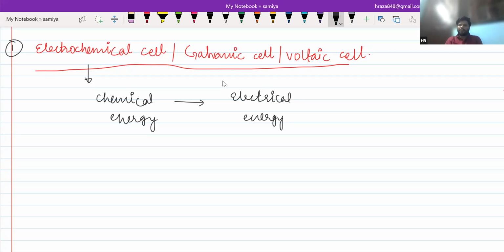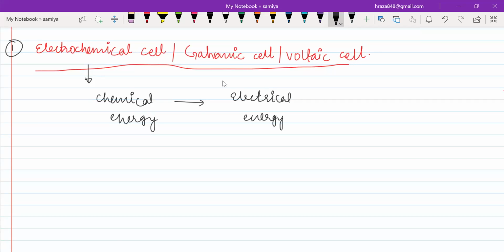Electrochemistry deals with the conversion of chemical energy to electrical energy and electrical energy into chemical energy. So there are two types of cell: the electrochemical cell and the electrolytic cell. The electrolytic cell converts electrical energy into chemical energy, and the electrochemical cell converts chemical energy into electrical energy. Is that clear to everyone?